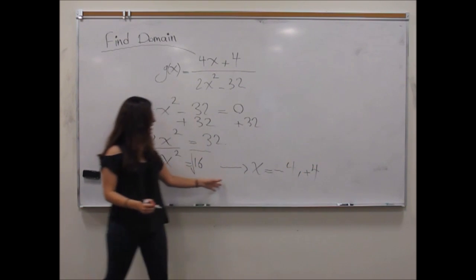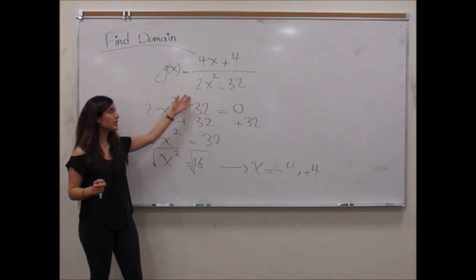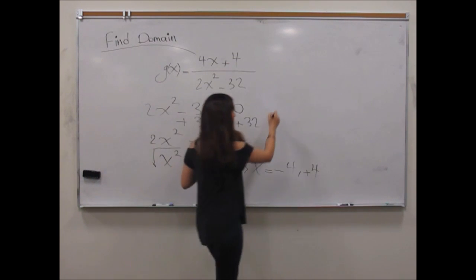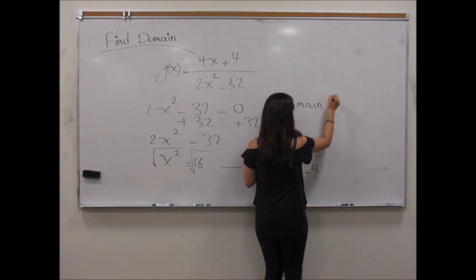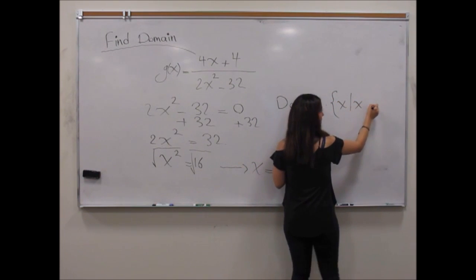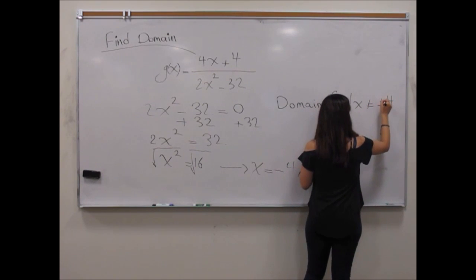So this means that for those two x values, this function is undefined because I get a number over 0. So the domain of the function is all x such that x is not equal to negative or positive 4.